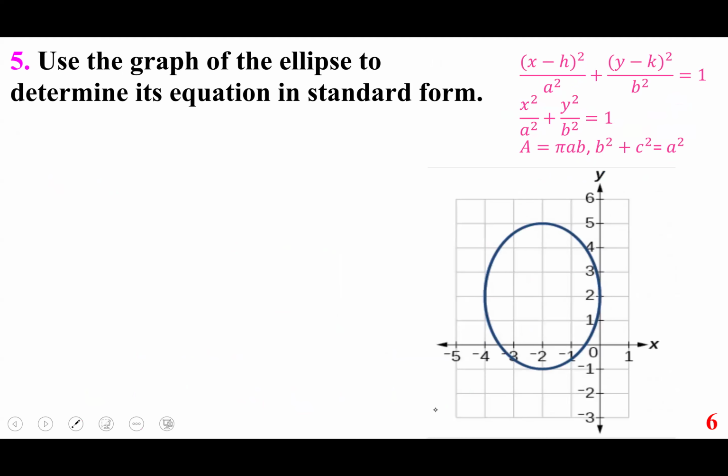Now, use the graph of the ellipse to determine its equation in standard form. Before we even move on, you recognize that it's elongated along the y-axis, right?